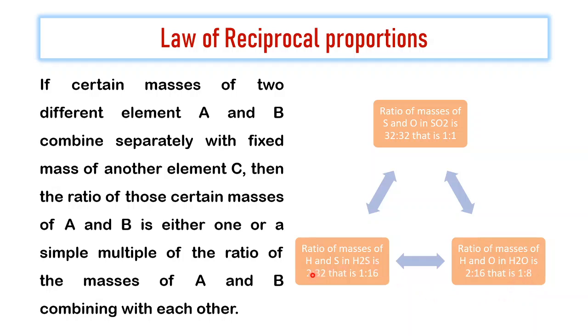So if I keep hydrogen constant and make sulfur react with oxygen giving sulfur dioxide, the ratio may come as a simple whole number ratio as before, or it may be 1. So the ratio may come as 1 is to 1. So this is the meaning of the law of reciprocal proportion.